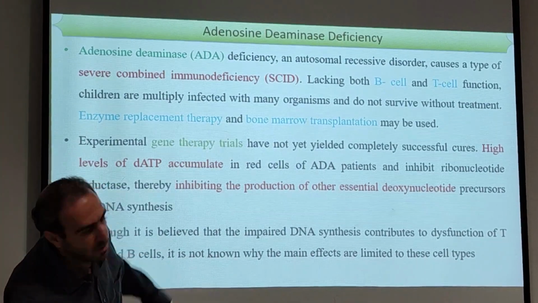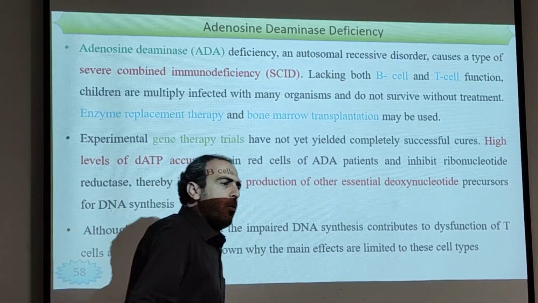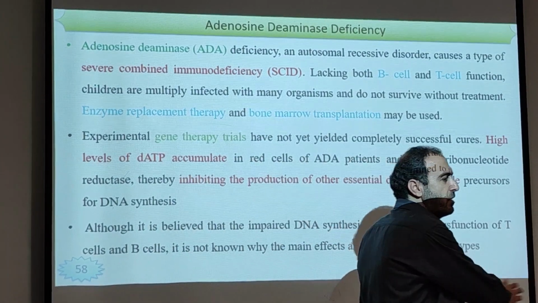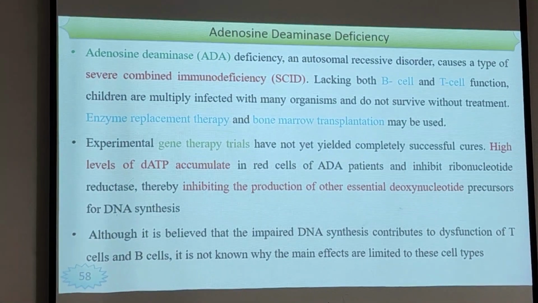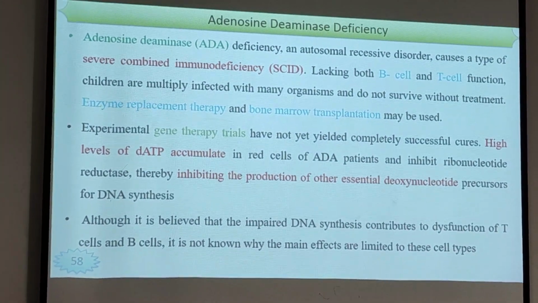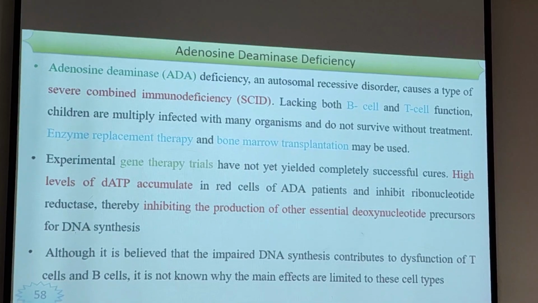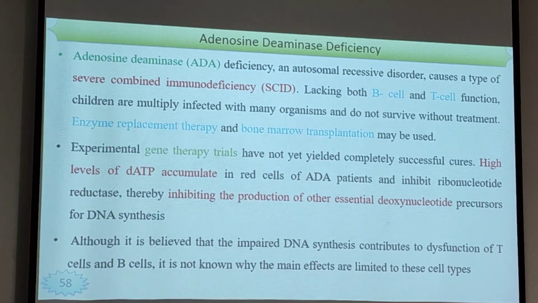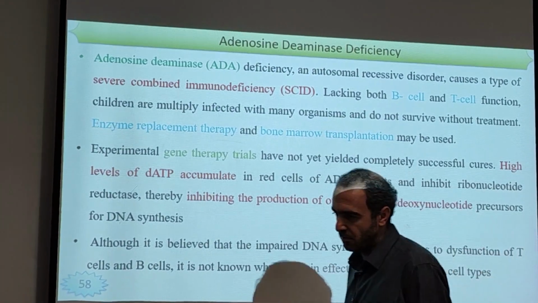This is the explanation for adenosine deaminase deficiency. Every semester there is a question: deficiency of which enzyme leads to severe combined immunodeficiency? Adenosine deaminase deficiency.